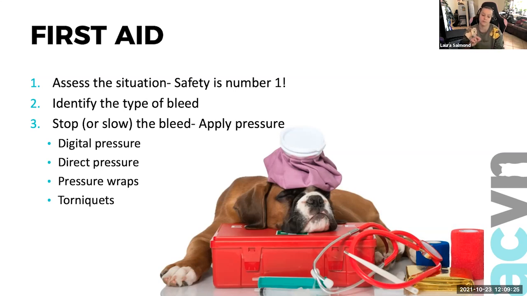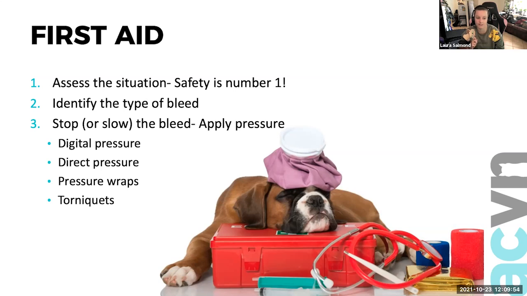That is going in with fingers, hand, and applying direct firm pressure over the top of the wound. Now, ideally, we would have gloves, we would have a chance to wash our hands, give them a good scrub before we do any of that. But obviously, if you're at the park, you're probably not carrying a full first aid kit with gloves, and you're definitely not carrying a sink, but make sure that you do some good hand hygiene after.